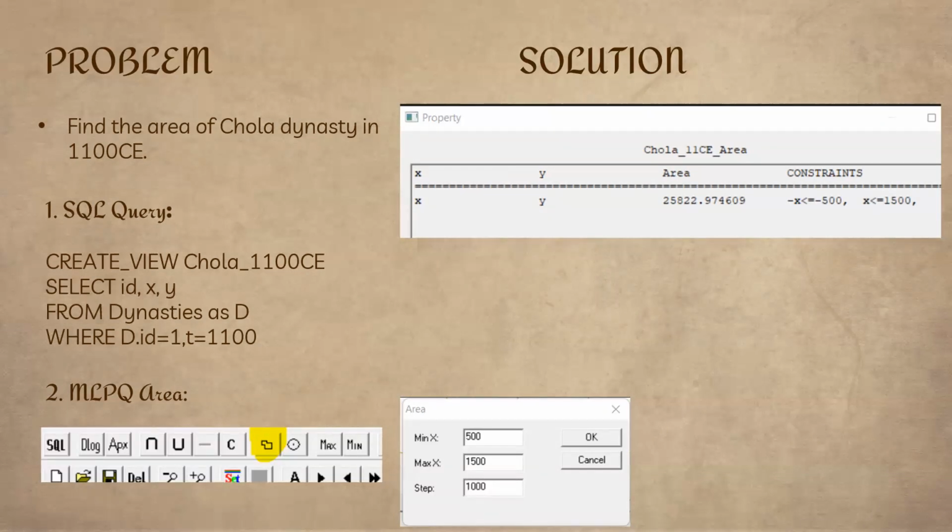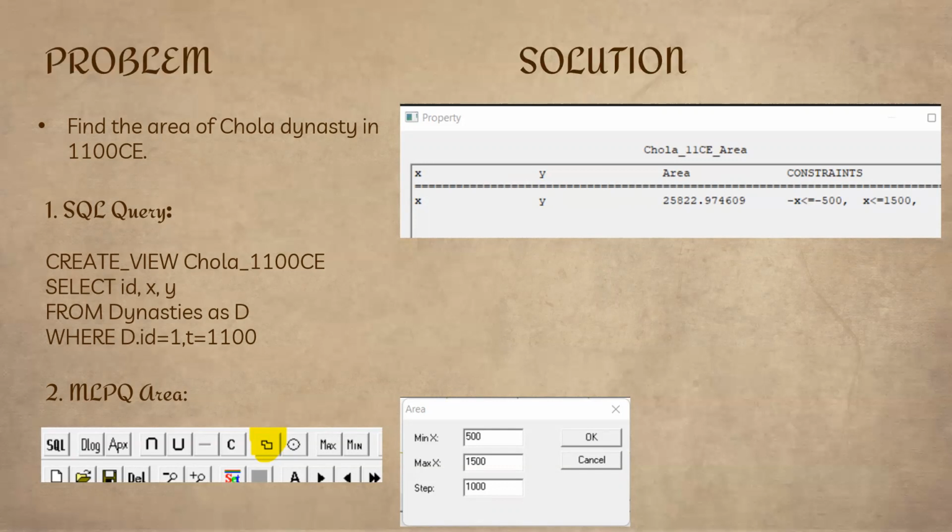The minx and maxx you're looking at are the range of the horizontal space. If you don't want the area of the whole map, and you just want the area between the x coordinate 500 and the x coordinate 1500, this is where you specify the input.